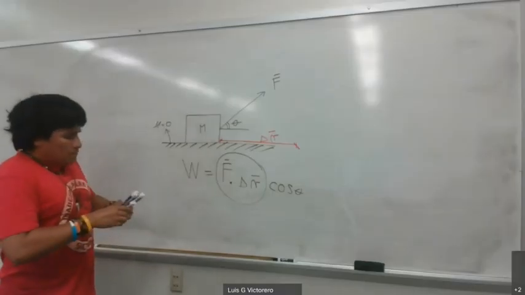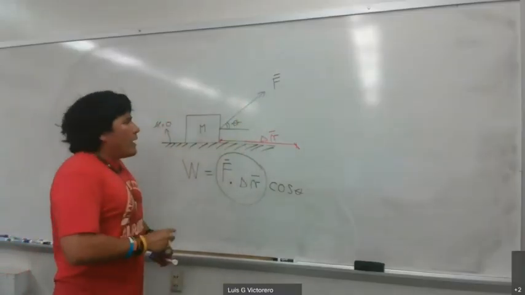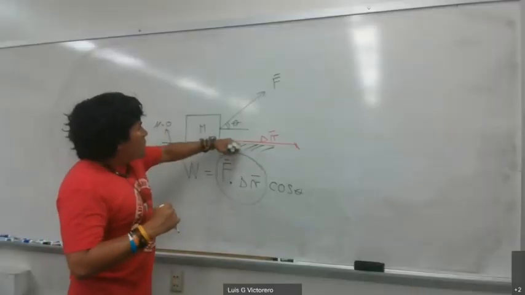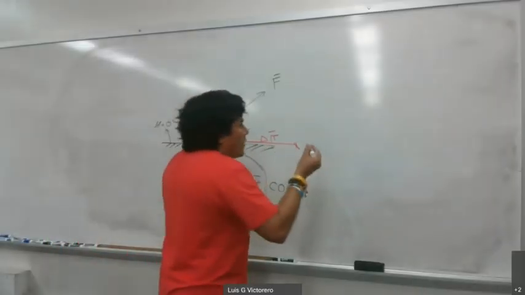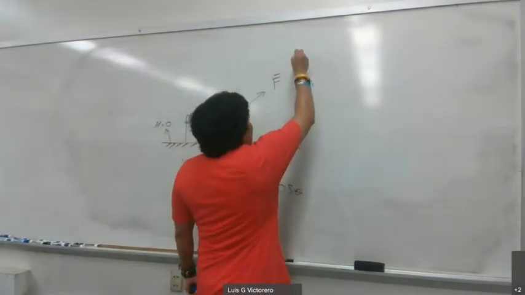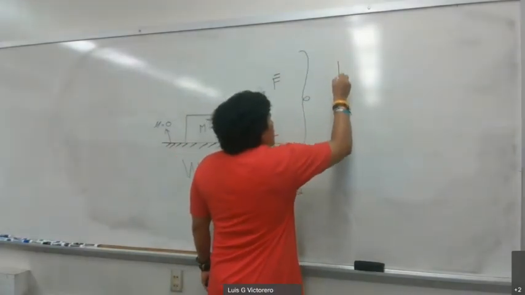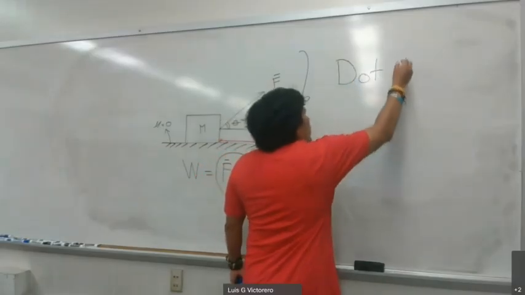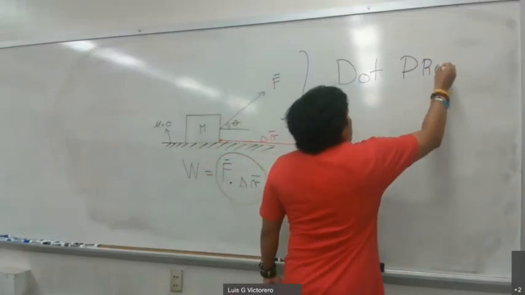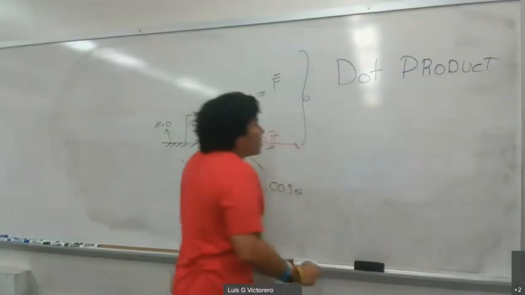So if you remember, displacement and force, they both are vectors. And the angle between these two vectors is theta. So that is when you're going to have again the whole idea of the dot product, right?